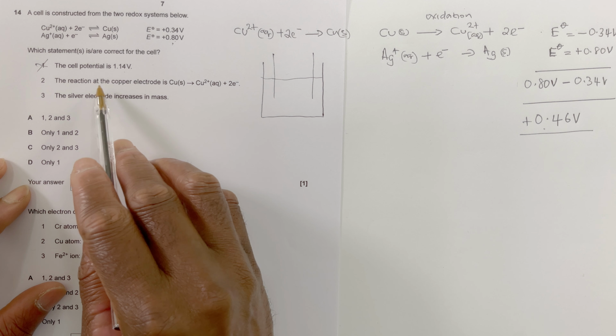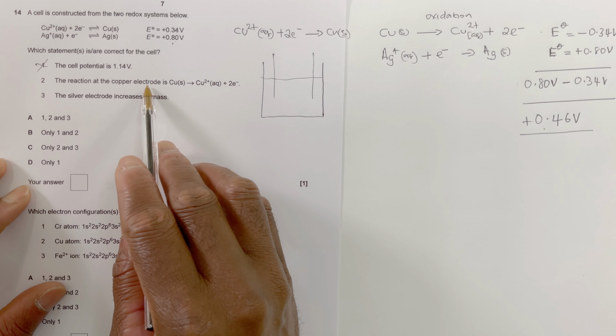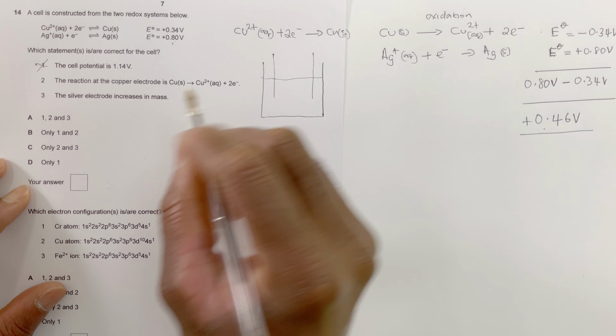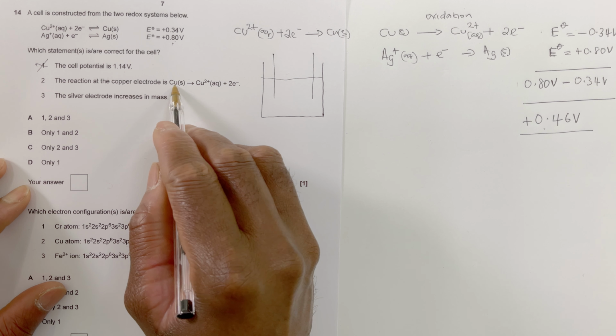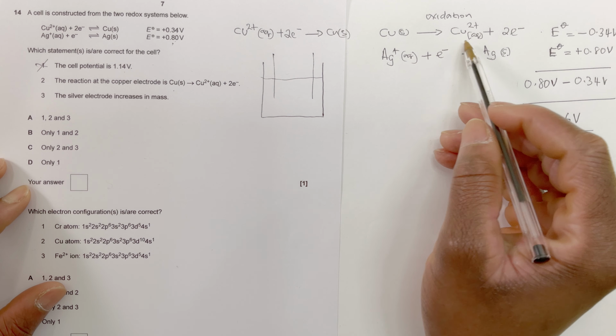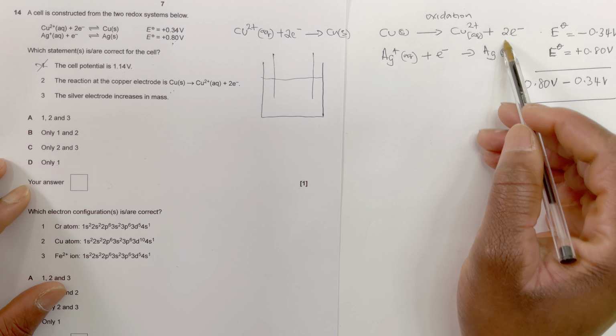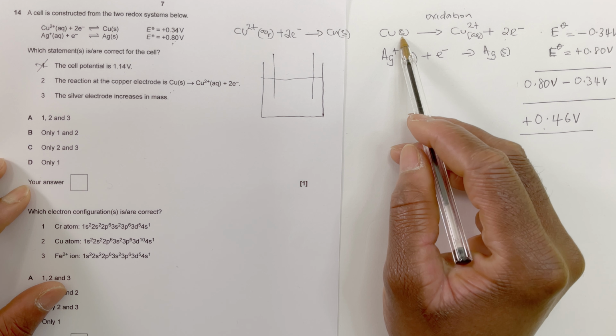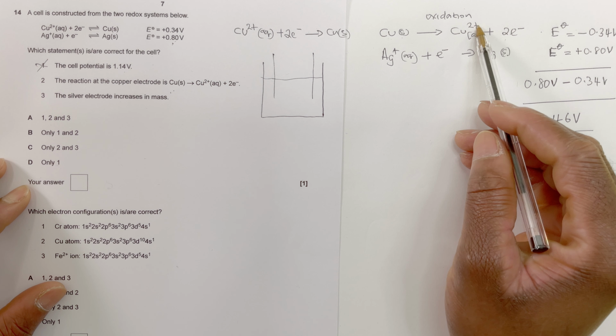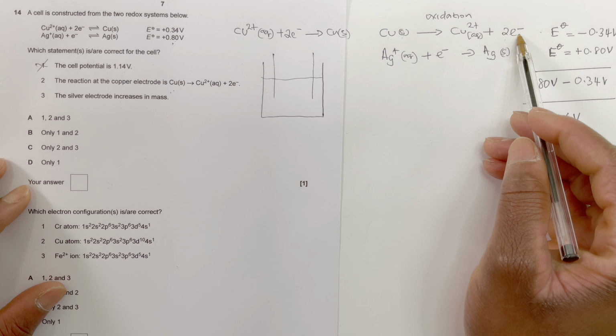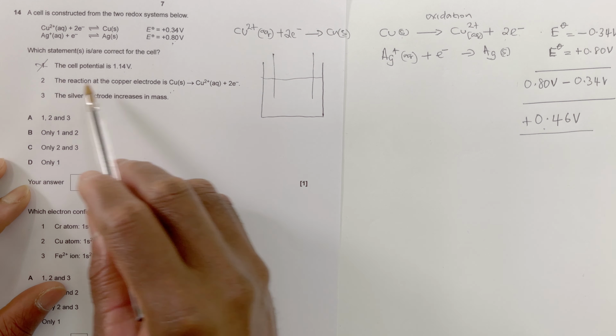The reaction at the copper electrode, if you have a copper electrode here, is going to be copper solid going to copper 2+ plus 2 electrons. Of course it will be, because I've just done it here. That's the reaction at the copper electrode.